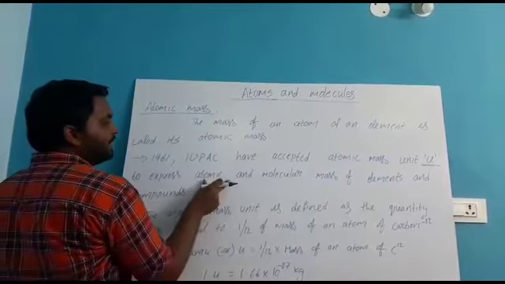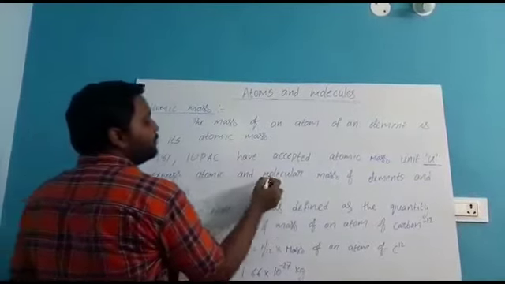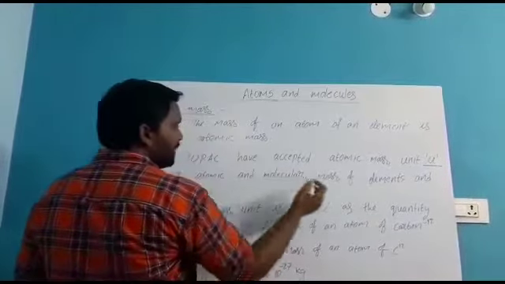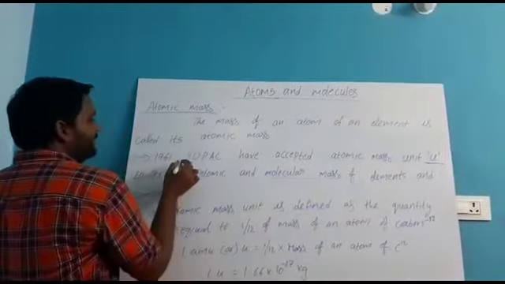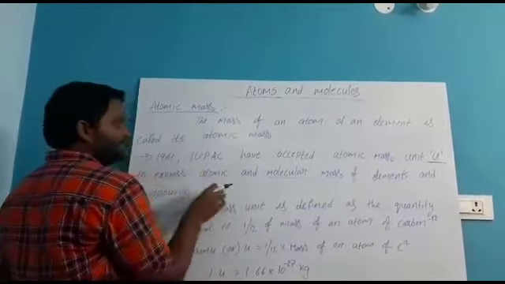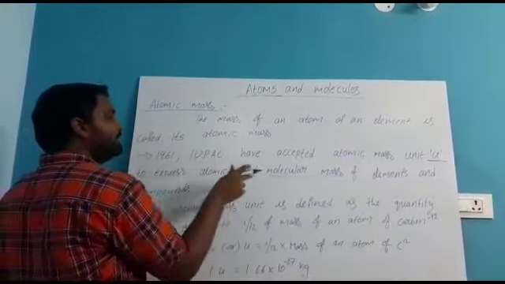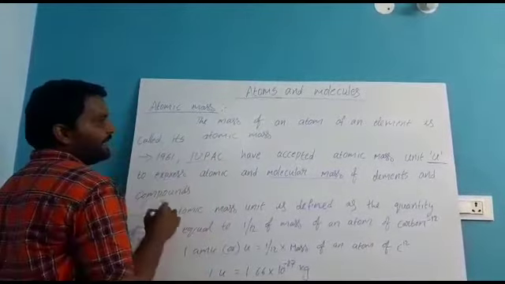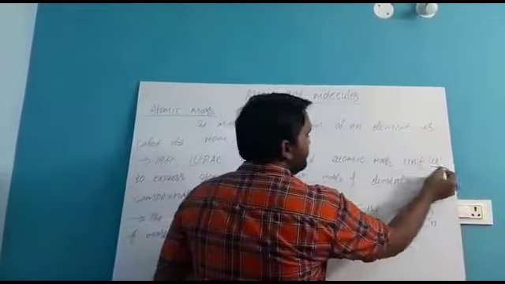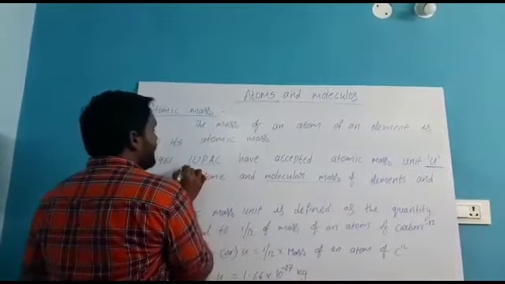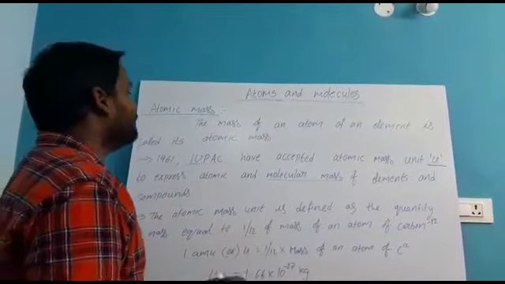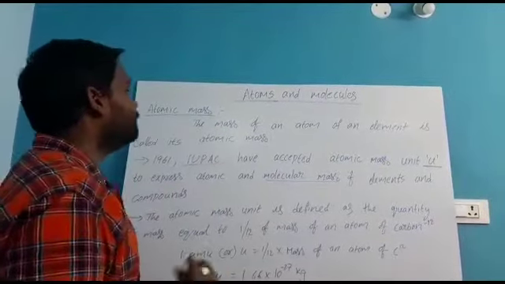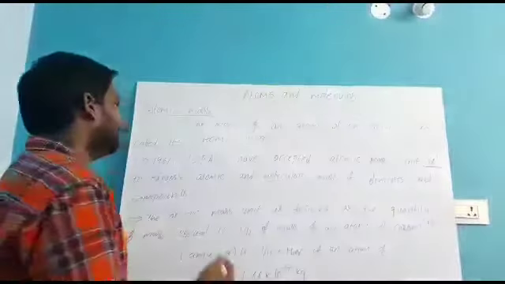So not only for atomic mass, we can denote molecular mass also with the same unit U. IUPAC accepted that the atomic mass unit is U. The full form of IUPAC is International Union of Pure and Applied Chemistry.